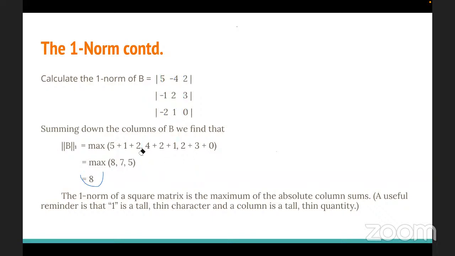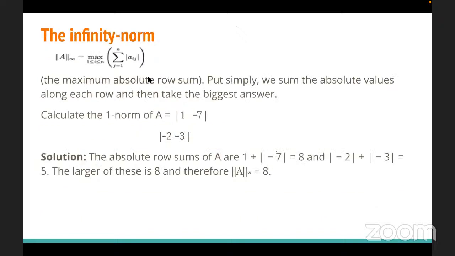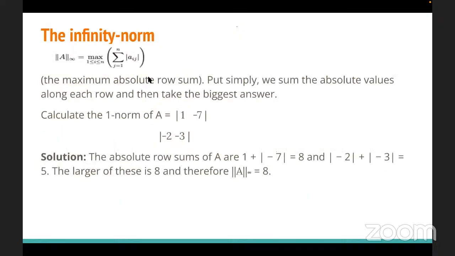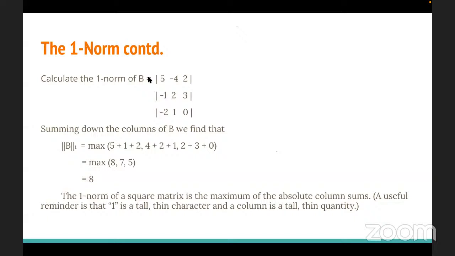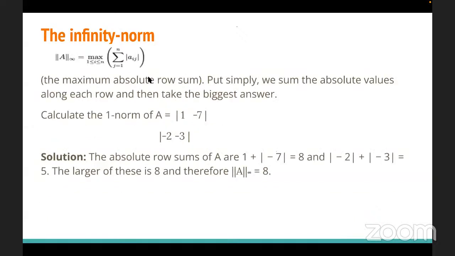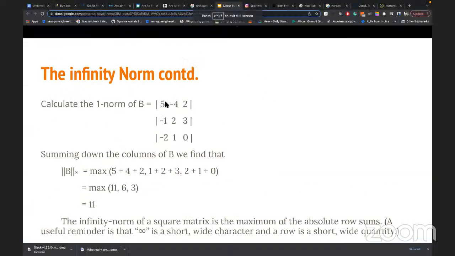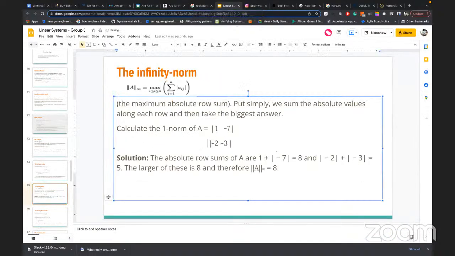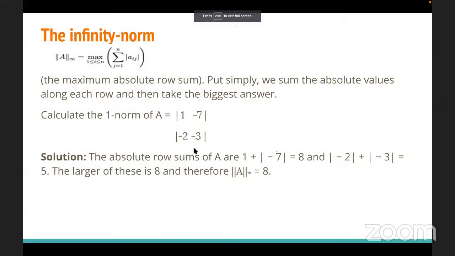Now let's look at another type of norm, which is the infinity norm. The difference between the one norm and the infinity norm is that one uses columns, the other uses rows. In the other one, we sum column down. In this one, we are going to be using rows. In this case, we're also using the absolute value.